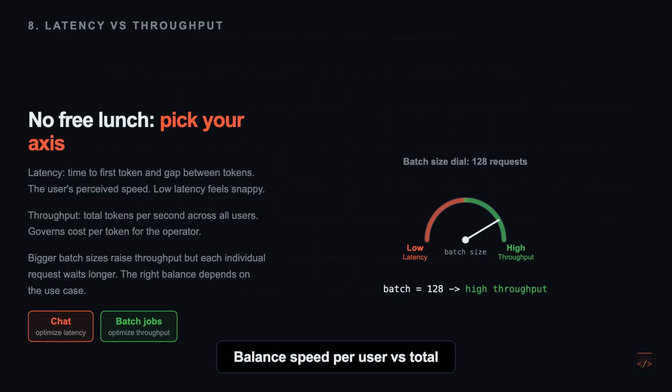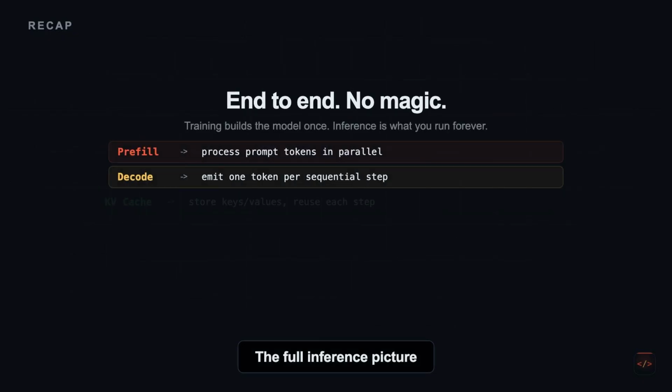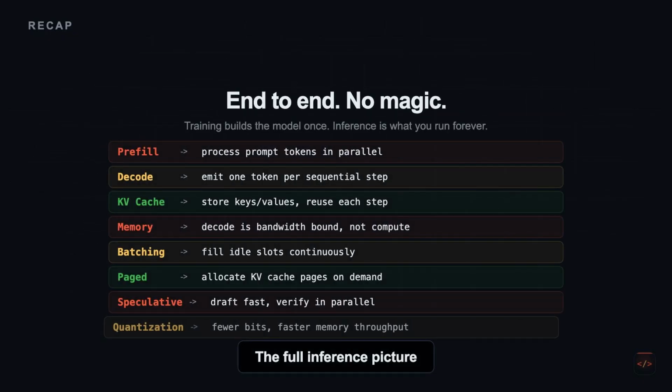Bigger batches raise throughput, lowering cost per token, but each individual request may wait a little longer. A chat app optimizes for low latency so it feels snappy. A bulk processing job optimizes for throughput to minimize cost. There is no single best setting, only the right balance for your use case, tuned with the tools we just covered. So that is inference end to end.